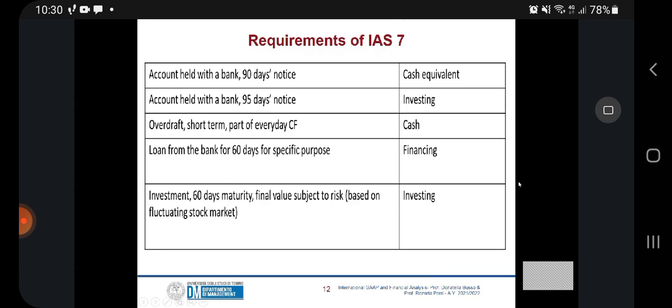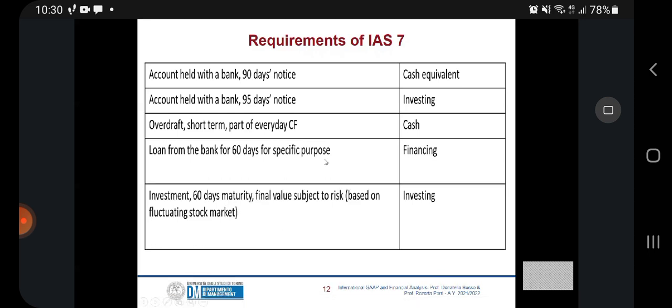Now, this table is really very useful to know where to put each transaction if you are not sure. Is this deposit cash or is this investing? If this deposit is more than 90 days, it is an investing activity. If it is less than 90 days, it is part of cash equivalents. Whereas loans are usually part of financing activities, even if they are short-term loans. So I hope this is useful for referring to later.